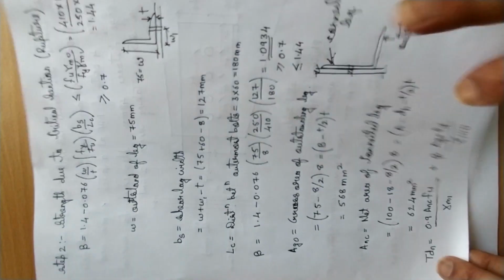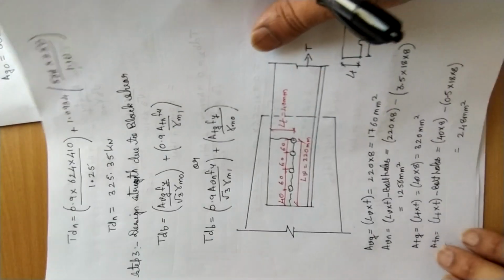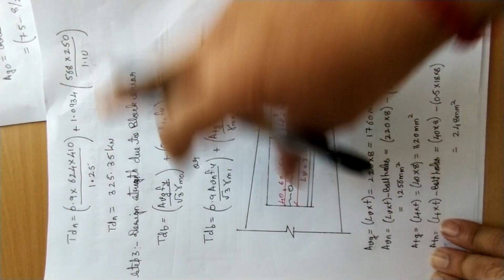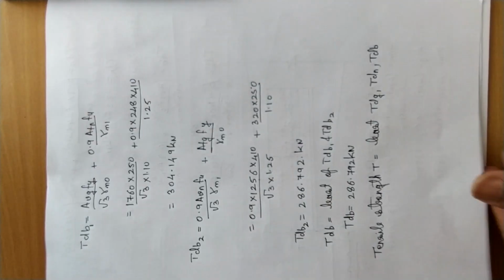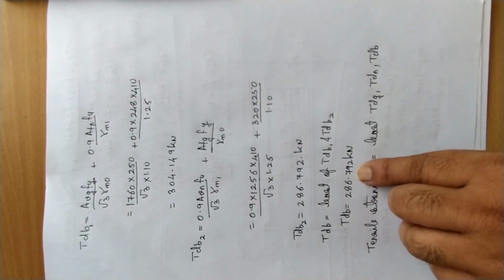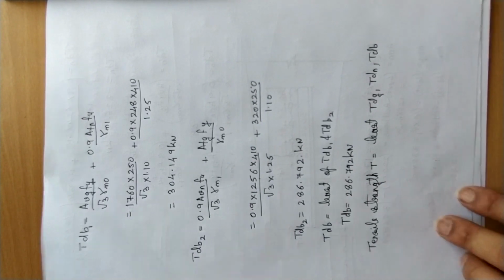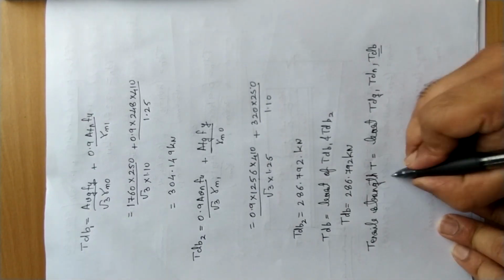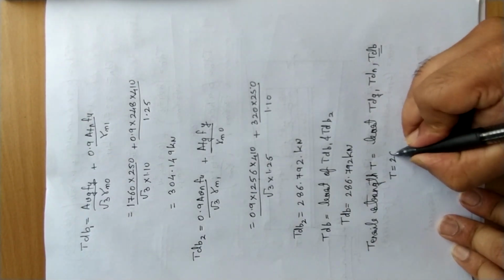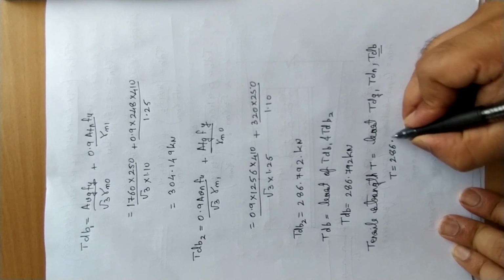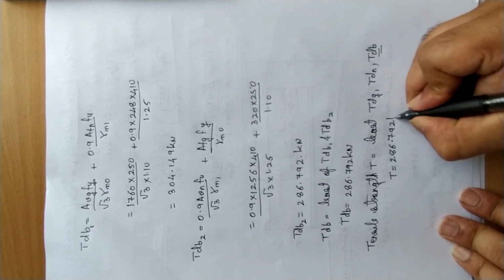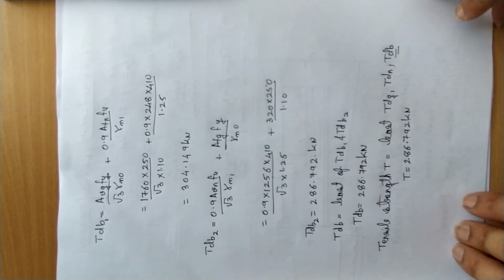Then we have TDN. So TDN is computed here. So TDN value is 325.35. Then we have the TDB value, which is 286.792. The least is TDB. So the value of T is 286.792 kilonewton. So this is the tensile strength of the member.